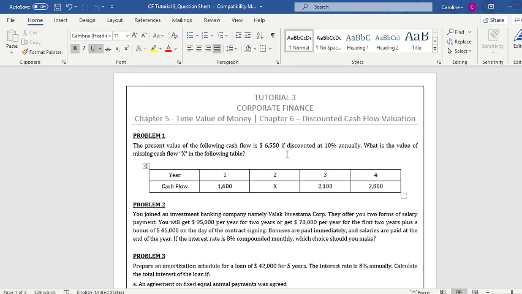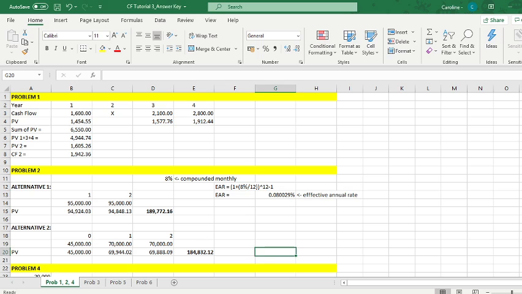Since you only know the present value of the sum of this cash flow, in order to find the value of the second year cash flow, you have to find the present value of each year's cash flow, okay? So this is the information that is given in the question.